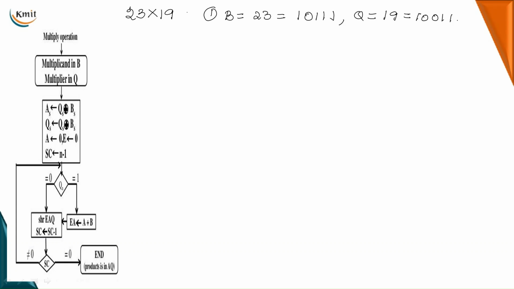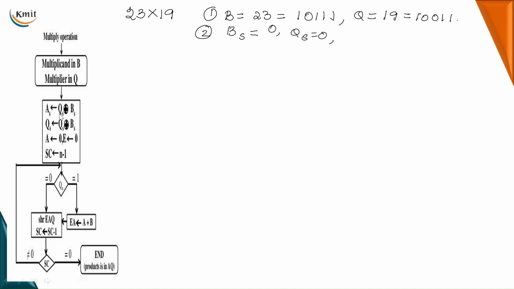Okay, this is the first step. Second step is storing the sign bits of multiplicand and multiplier. BS is used to store the sign bit of the multiplicand. Since both are positives, I am making BS as 0 and QS as 0. Now, next you need to assign the sign for your resultant product, AS and QS.